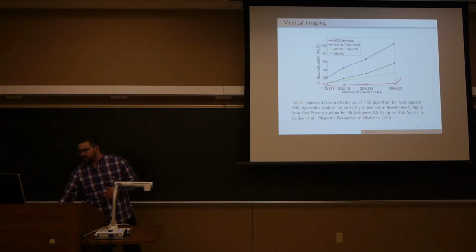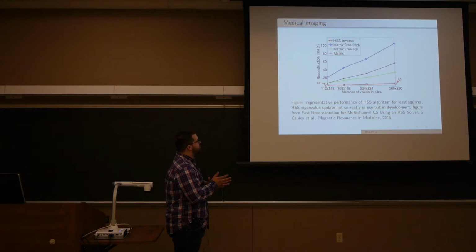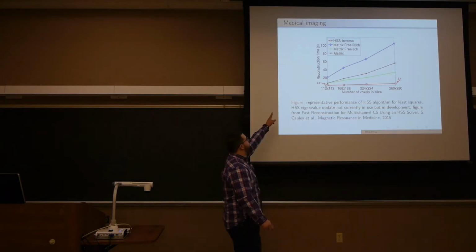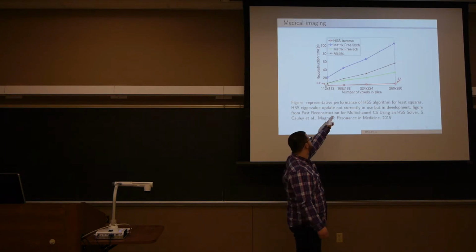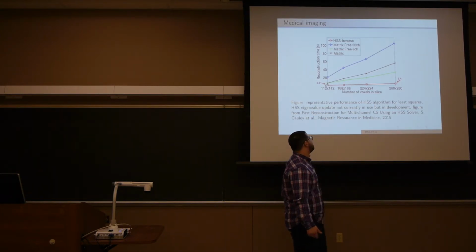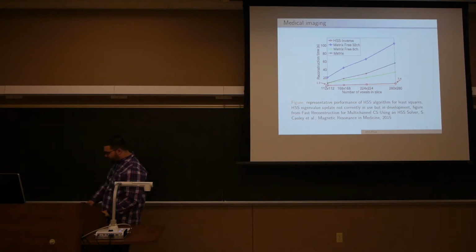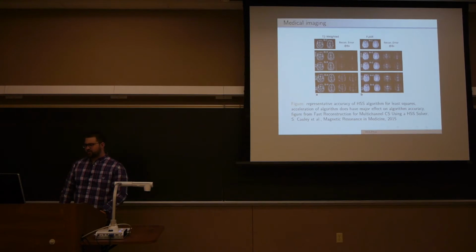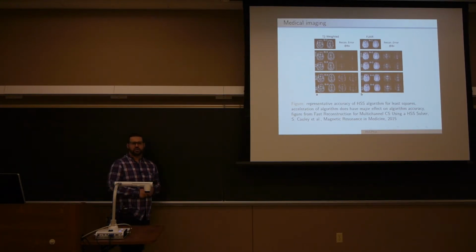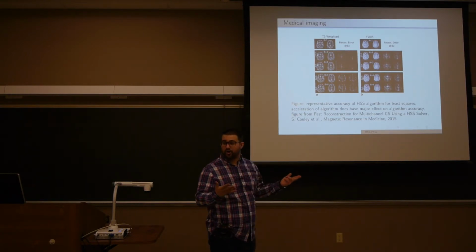How quick? So this is a paper we have from a few years ago that showed that this line is an MRI with HSS approximations everywhere, and it's a factor of almost 100 faster. It's not quite clinically acceptable. Basically we were able to get like 3 digits of accuracy on an MRI, which to the human eye, I can't tell the difference at all.